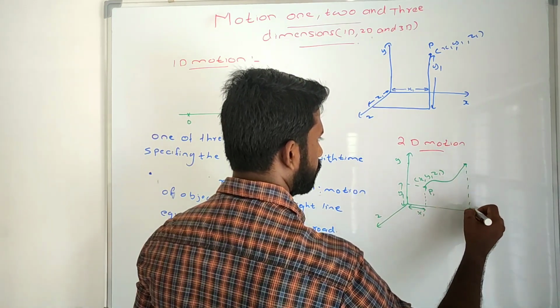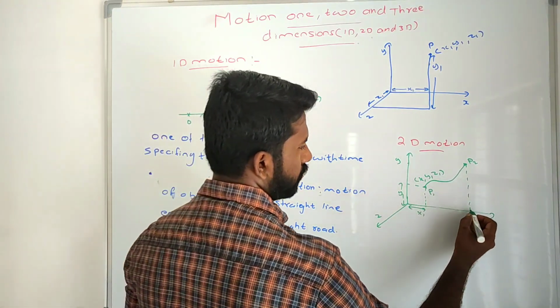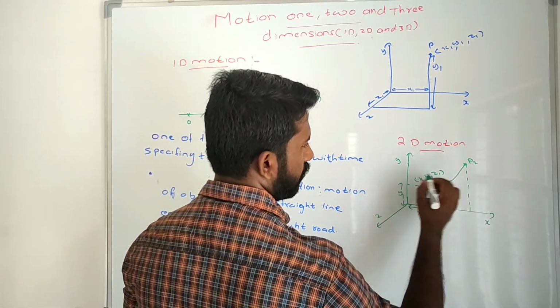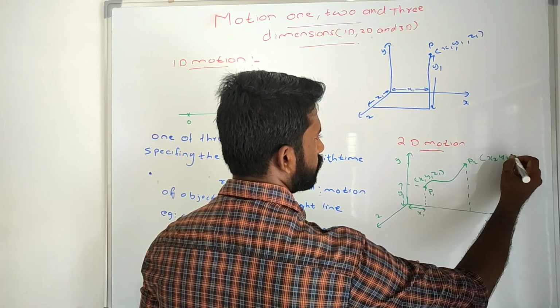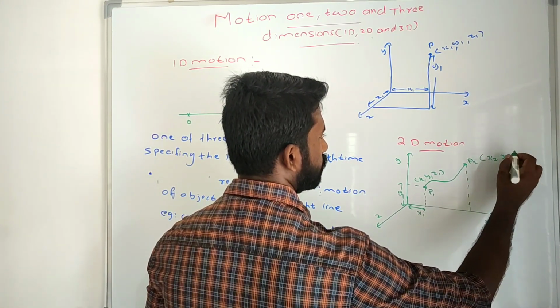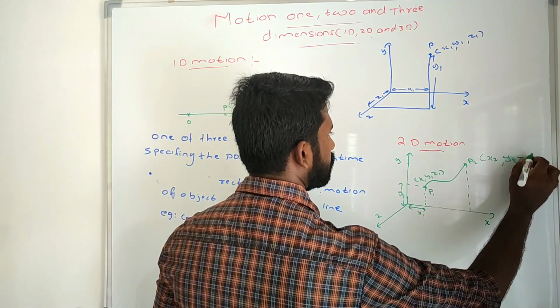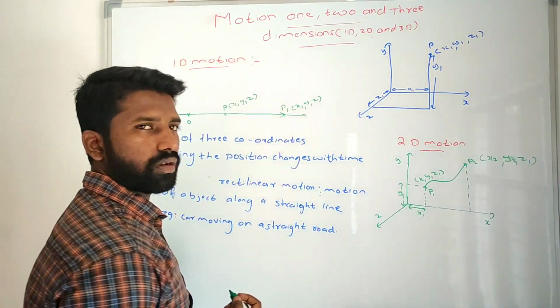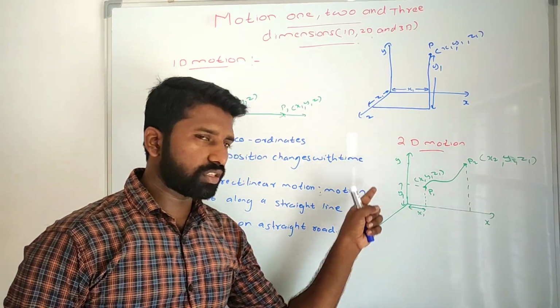Next, after some time, the position is changed to P2. That means you see here the x coordinate and the y coordinate are changed. So x2, y2 and z1 itself. Okay, so this object is moving in this xy plane.